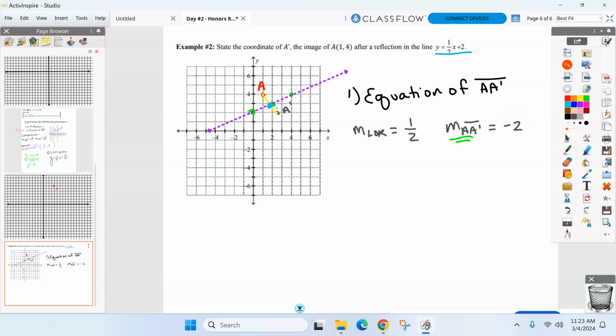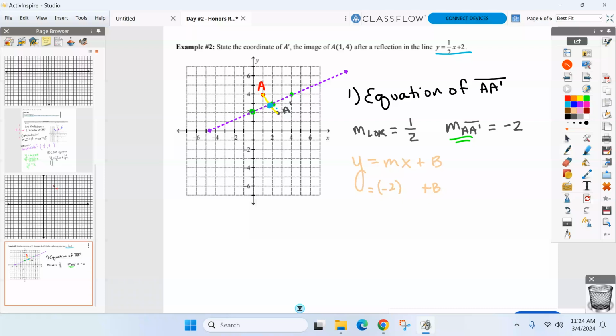What else am I missing for the equation? I've got the slope, missing the y-intercept. I get that from y equals mx plus b. We're going to solve for b. I think we're all confident to plug in -2 for m. Where do I get the y and the x? Remember what the y and the x are.